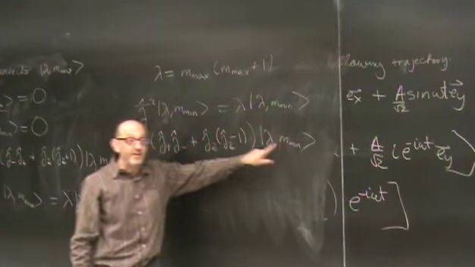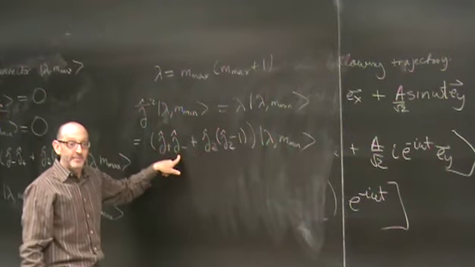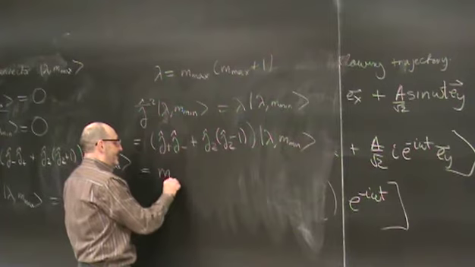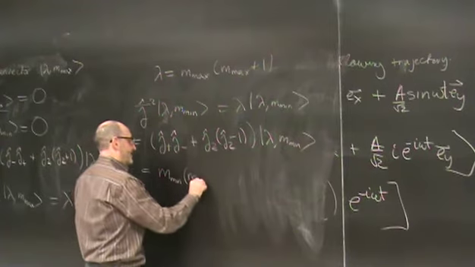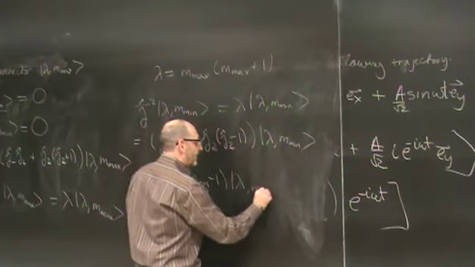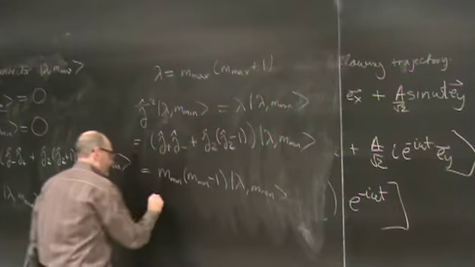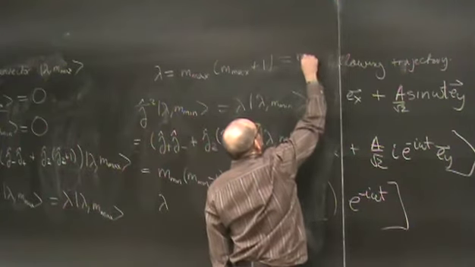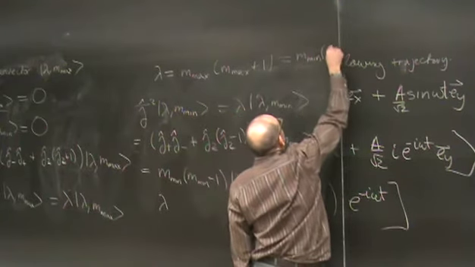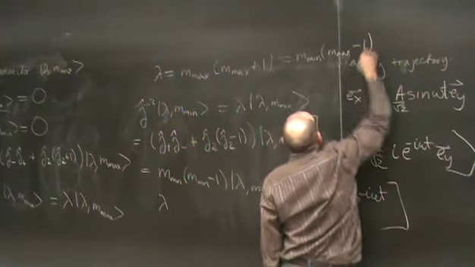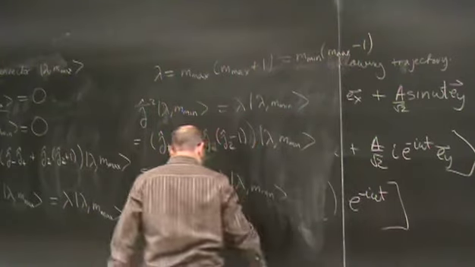Because this is the minimum value, and you can't lower any more than the minimum. So that's m min times m min minus 1. So we have now a relationship that says the minimum and maximum value are related to one another like that.